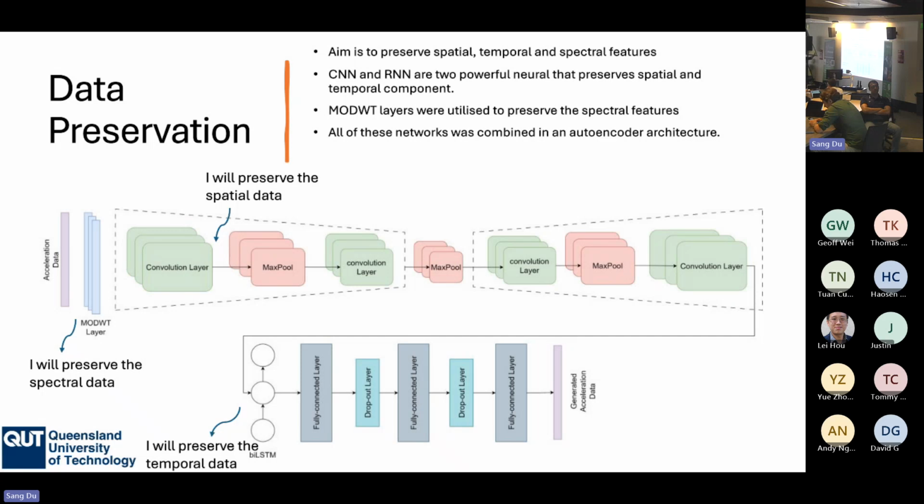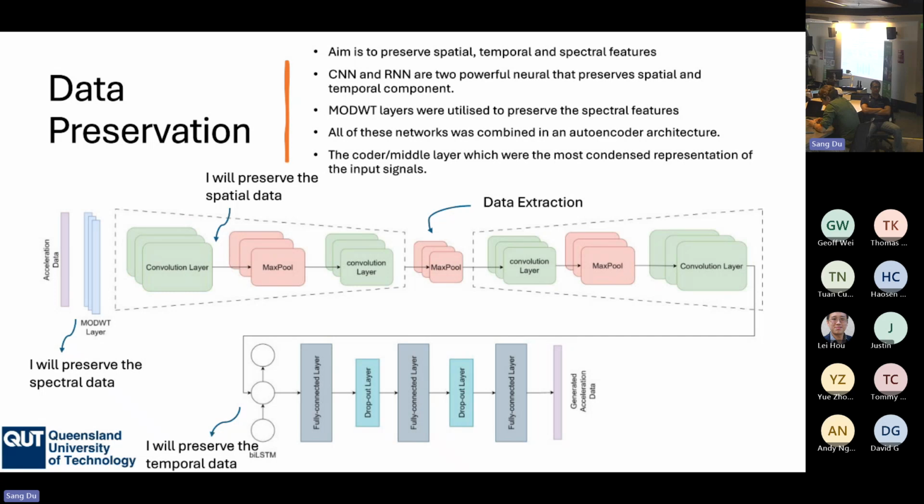So the duty of an autoencoder would be to preserve all the information. And I will use that middle layer to extract the data because it would be the most condensed and compressed form of the data. So it would be a more sensitive form of the data here. So I will extract the data from that particular layer, that is max pool.